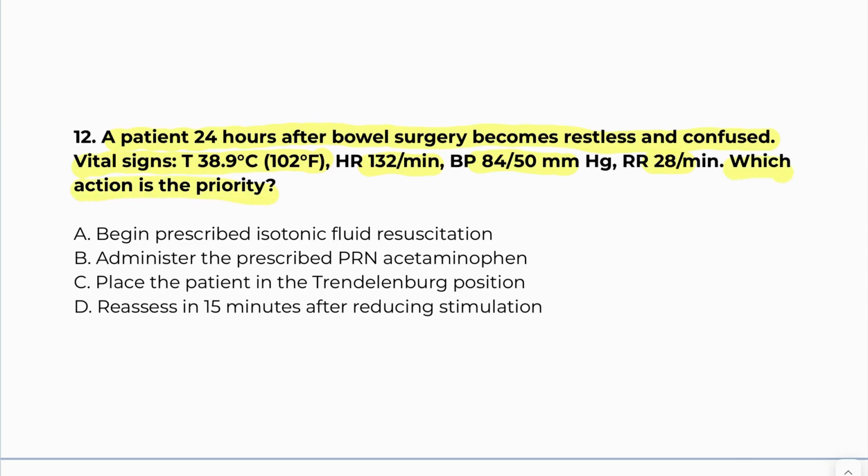Which action is a priority at this stage? This is a bowel resection, a big major surgery, and it's post-op day 1.